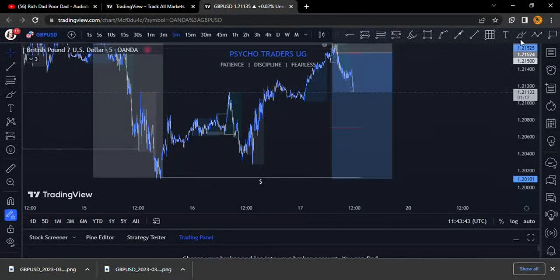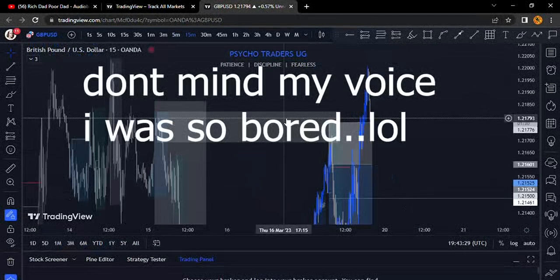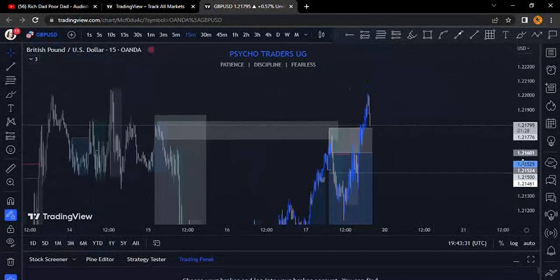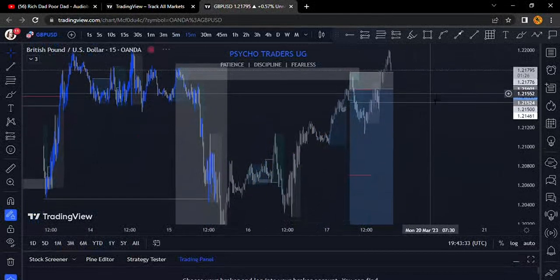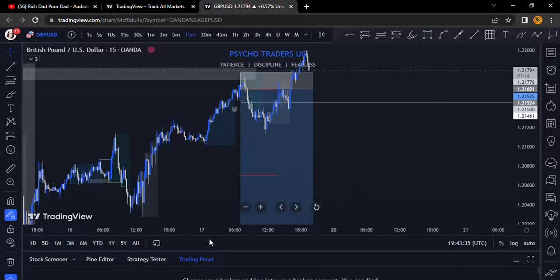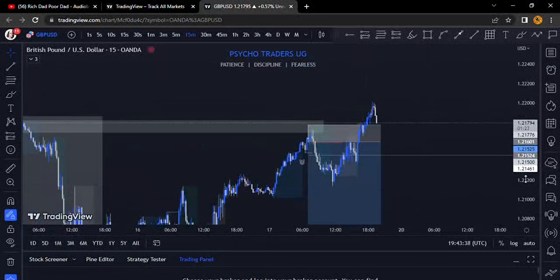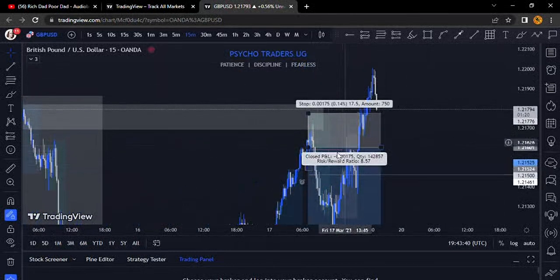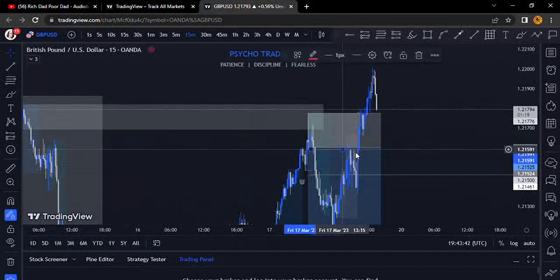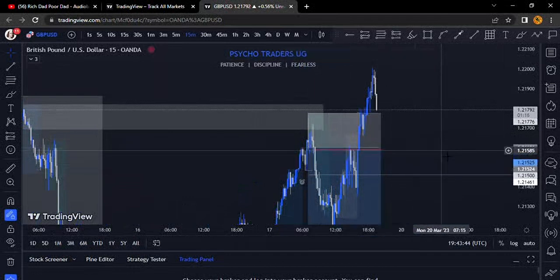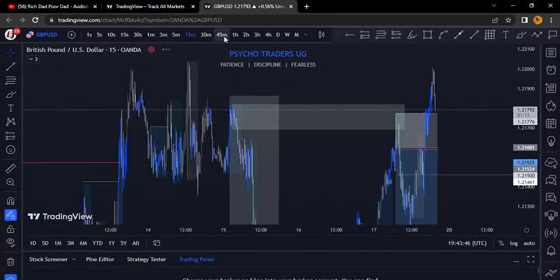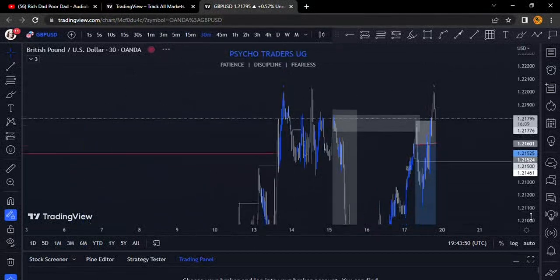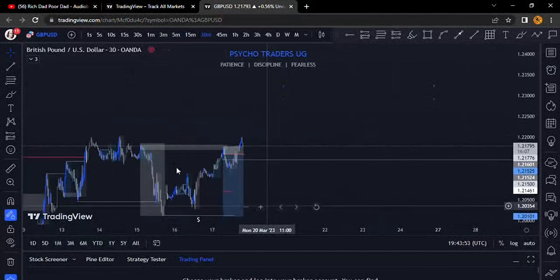Let me pause. Continuing with the live trading, as you guys are seeing, our break even was hit and we're taken out at break even, because our break even was at this point. Right now my bias is still the same, because price has not yet liquidated the high.